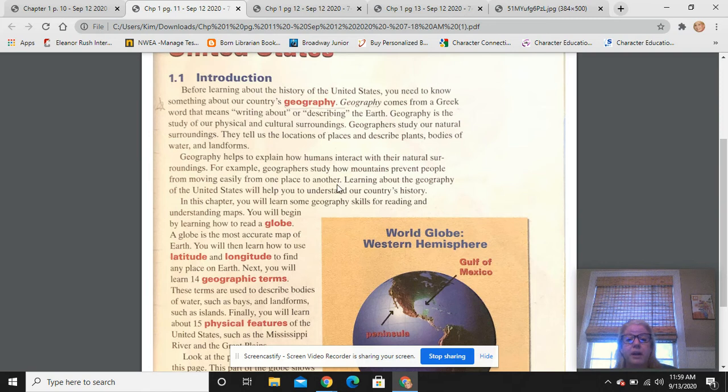And they also mentioned that learning about geography helps you to understand our country's history. So we have to understand where our country is located on the earth, what surrounds it, what kind of landforms we have, so that when we start talking about our history, you'll understand why some things happened the way that they did. So, for example, some of the early settlements in the United States are along the East Coast, right along the Atlantic Ocean.